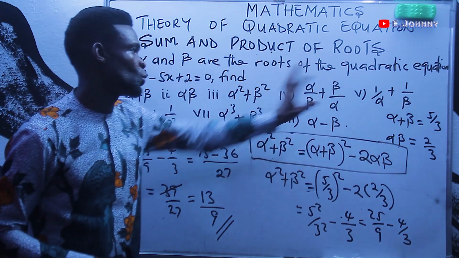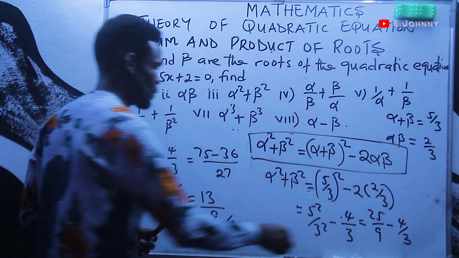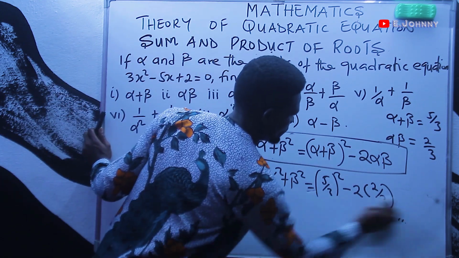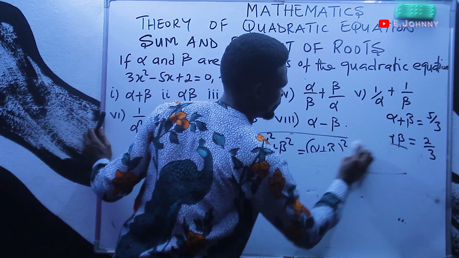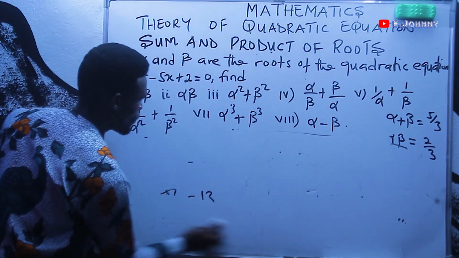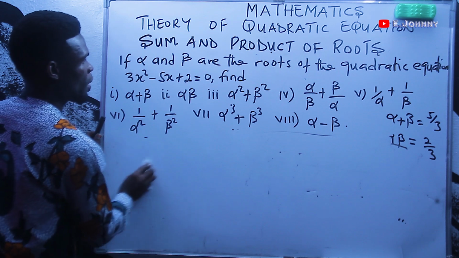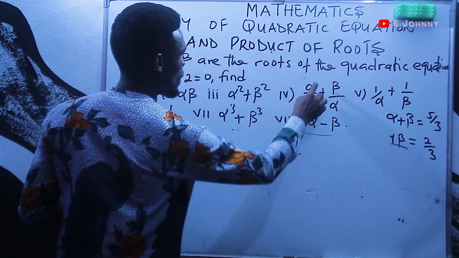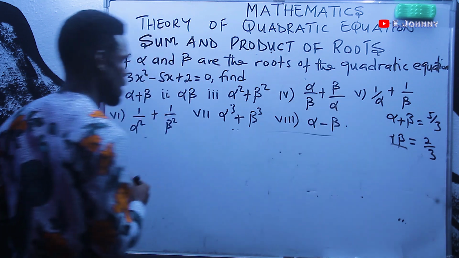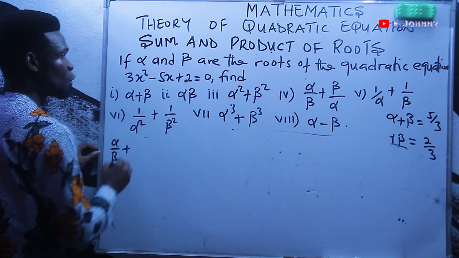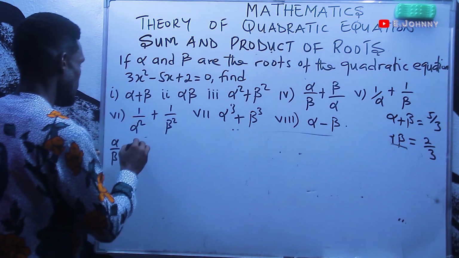Now let's move on to iv, which is the fourth one. For the fourth one, what we have is 1 over alpha over beta plus beta over alpha. So we have alpha over beta plus beta over alpha.